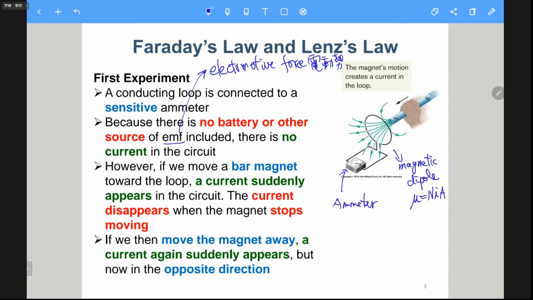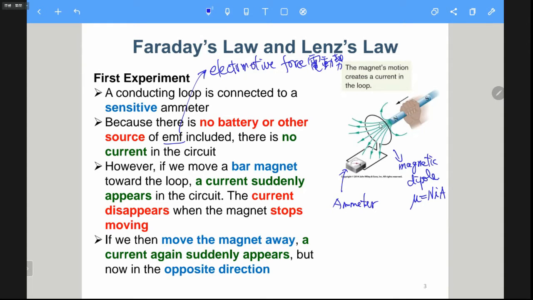The magnetic dipole moment is mu equals NIA. N is the number of turns, I is the current, A is the cross-section area.